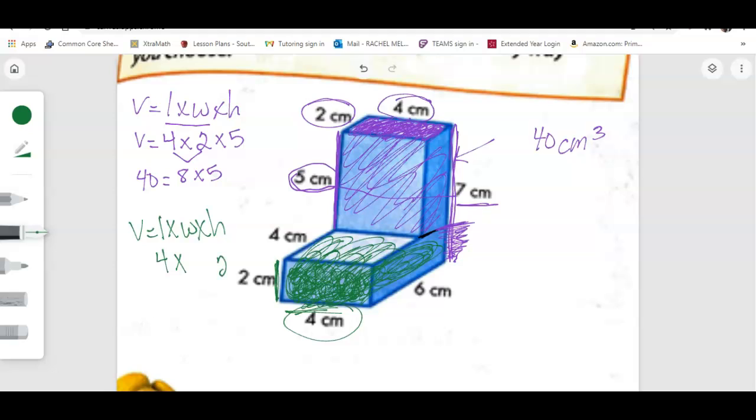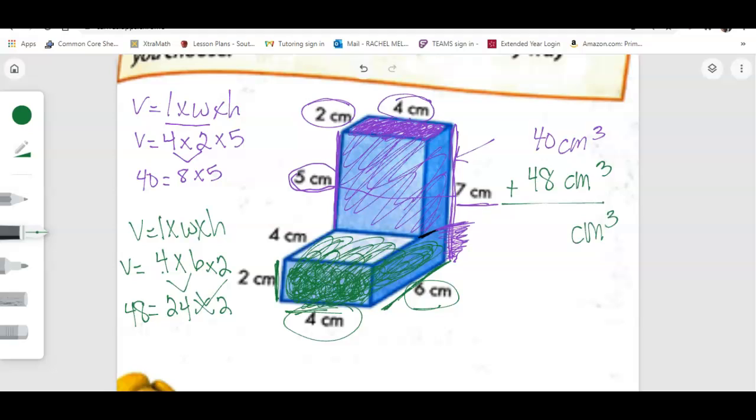Then I'm looking at the width, and the width of this shape is 6. 4 times 6 I know is 24, and then times 2 would give me 48 cubic centimeters. Once I have both of those, I add them together to give me the answer of 88 cubic centimeters.